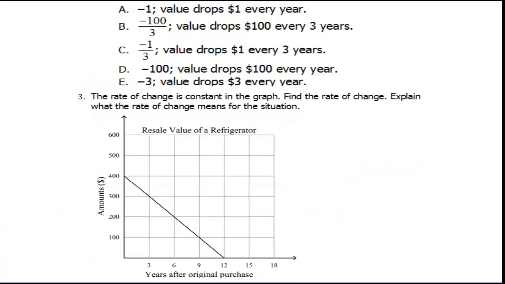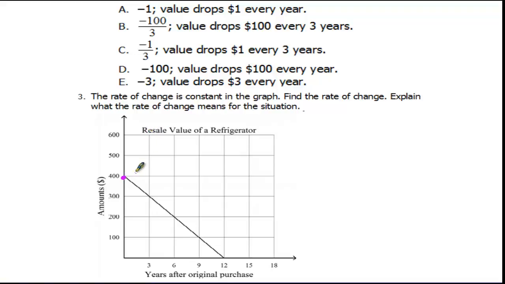Next question. Okay, let's find the rate of change of this graph. And what is the meaning of the rate of change? Now in this case, since we have a graph, we can just choose 2 points. But when we choose our points, make sure that we choose a point that is on the intersection of the grid. So I can choose this point.